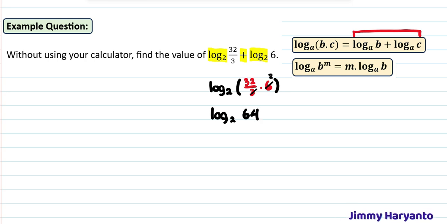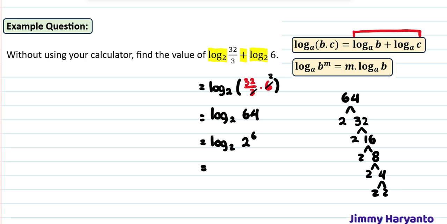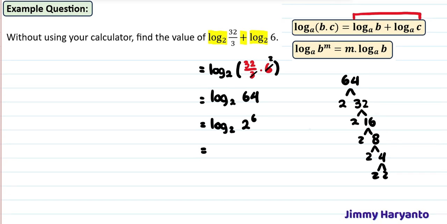To calculate this, you divide the 64 into smaller numbers: 32, 2, 16, 2 and 8, 2 and 4, 2 and 2, 1 2 3 4 5 6. The 64 will become 2 to the power of 6. But actually you can use your calculator, since the calculator is allowed later in the exam. So this one is 6 times log 2 and 2 equals to 6. This is the final answer.